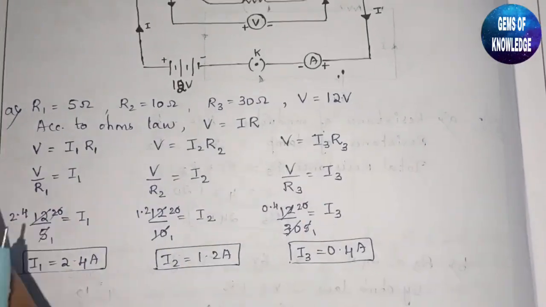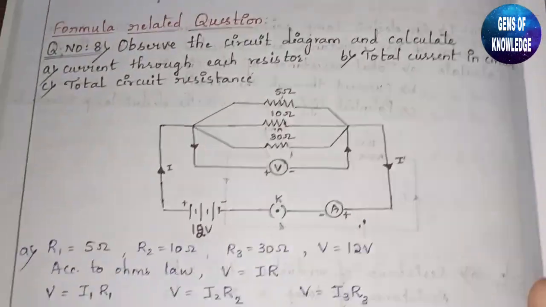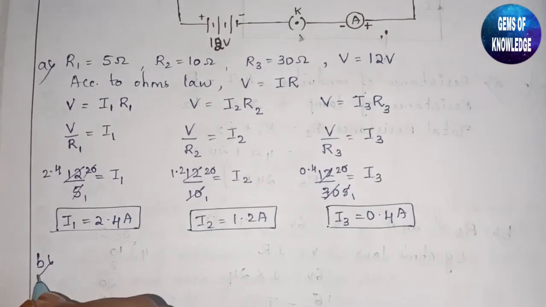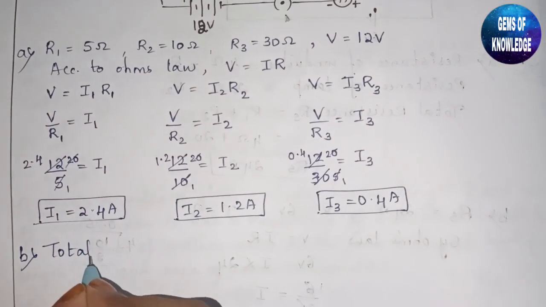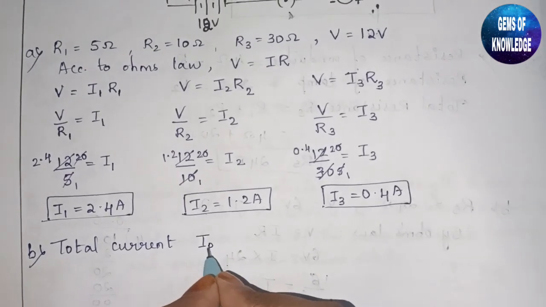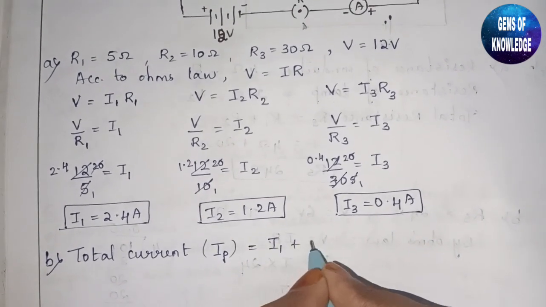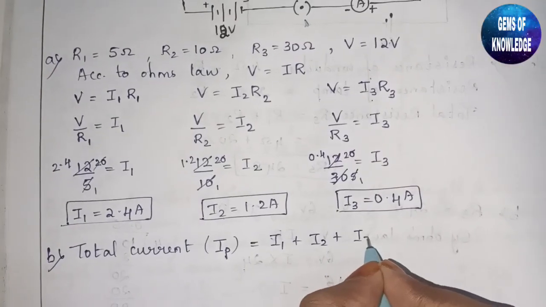Okay, this is the first one. Now second one, total current in the circuit. Let us consider IP, because the current is in parallel, which is equal to I1 plus I2 plus I3.